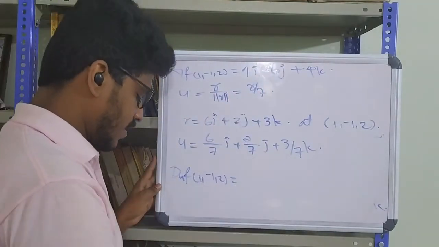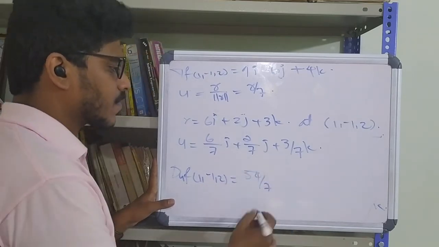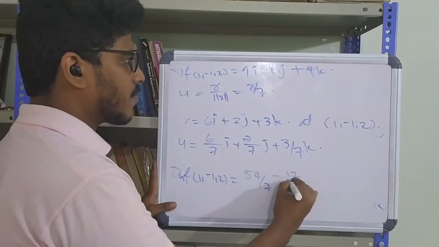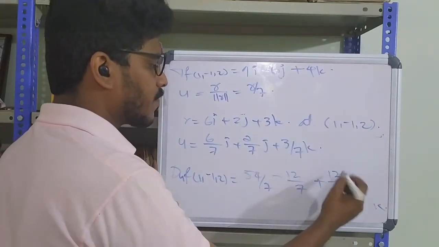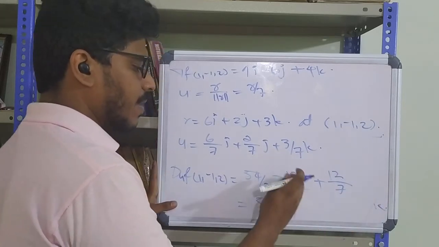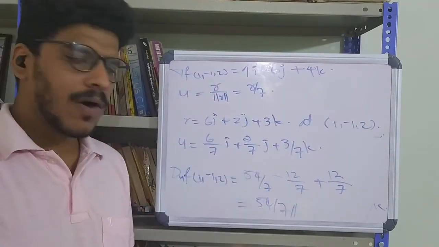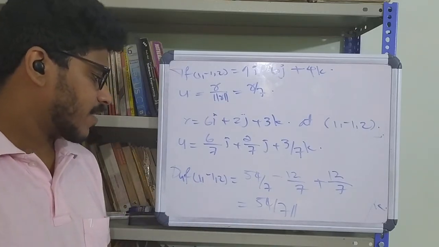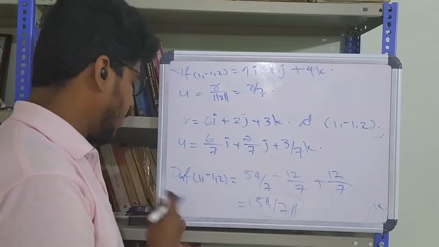So 9 into 6 by 7 is 54 by 7, plus minus 6 into 2 will be minus 12 by 7, plus 4 into 3, 12 by 7. So this is 54 by 7 minus 12 by 7 and 12 by 7. Did I do some numerical mistakes? I don't know. Whatever, this is how we calculate the directional derivative of a function of 3 variables. So the directional derivative required here is 54 by 7.